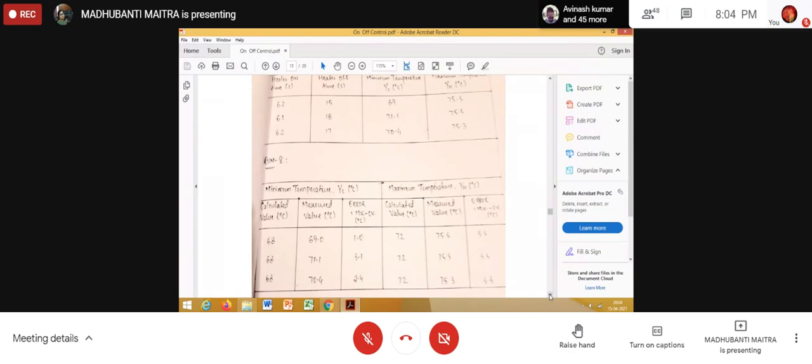So the plus and minus values are plus minus 5 degrees. So the temperature excursion will now be from 45 degrees to 55 degrees.